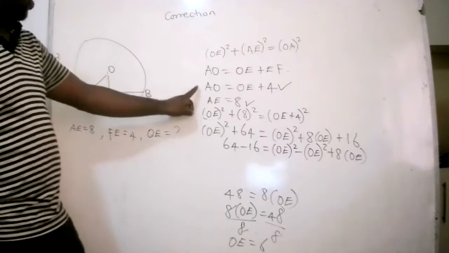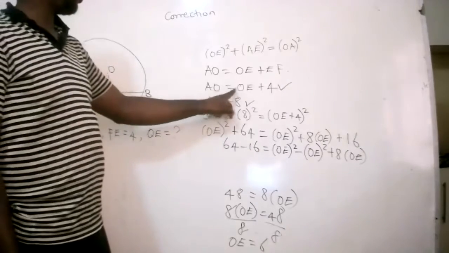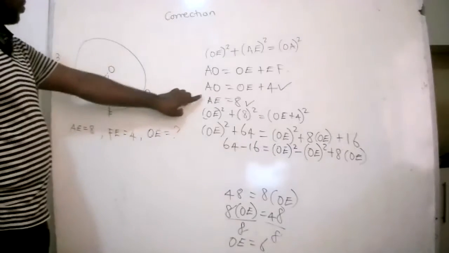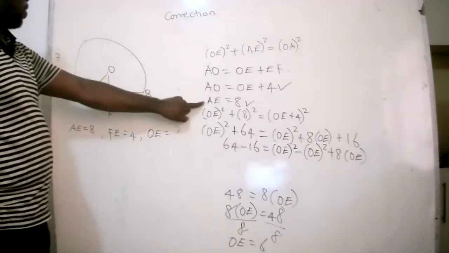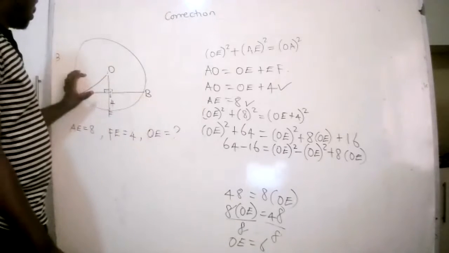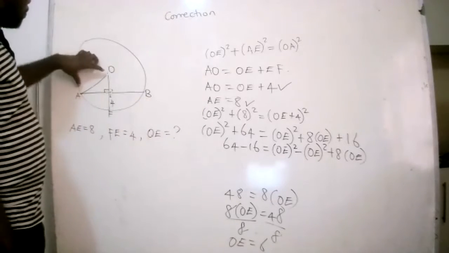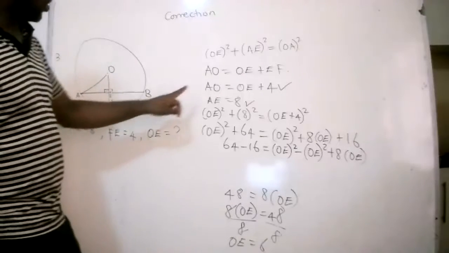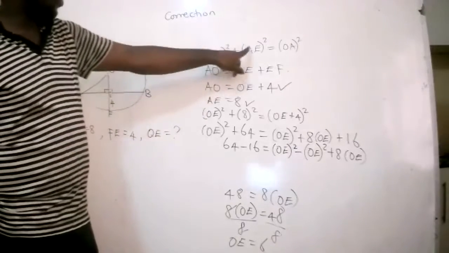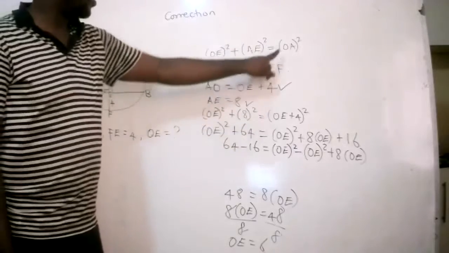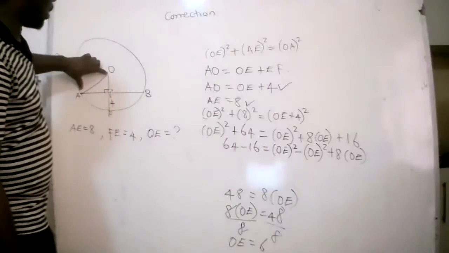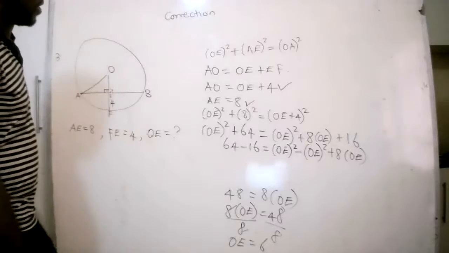So OA is equal to OE plus 4. After having that, we substitute AE equal to 8. Here we substitute 8, and there we substitute this, because that is the same as this. We are still fine there.